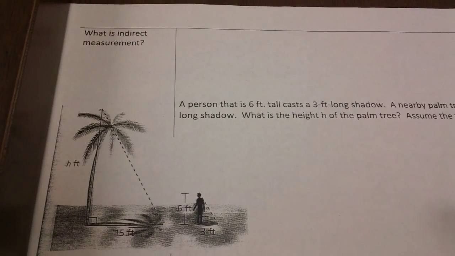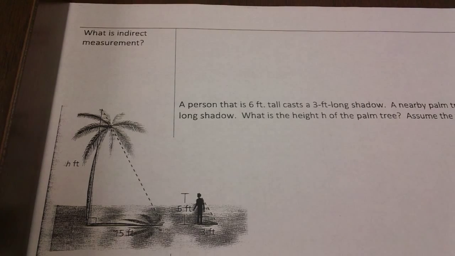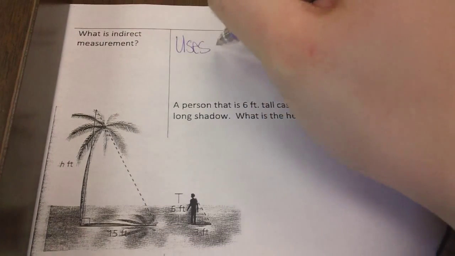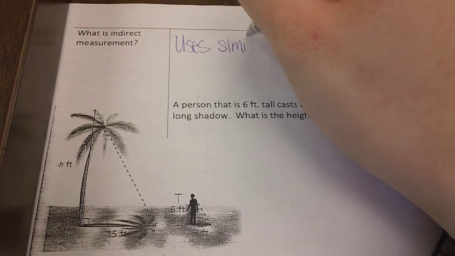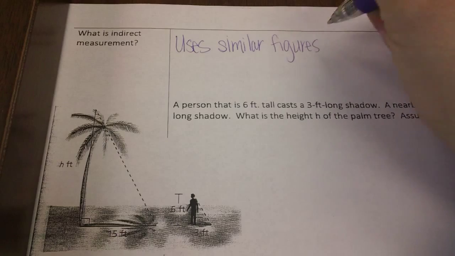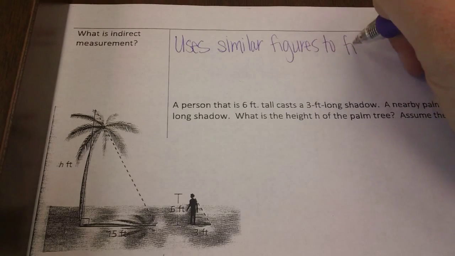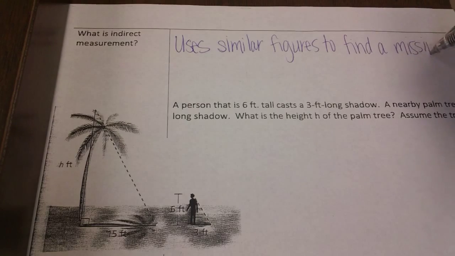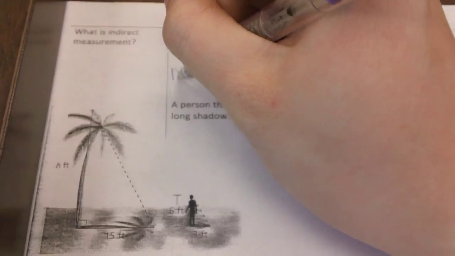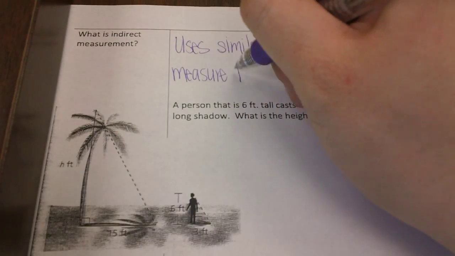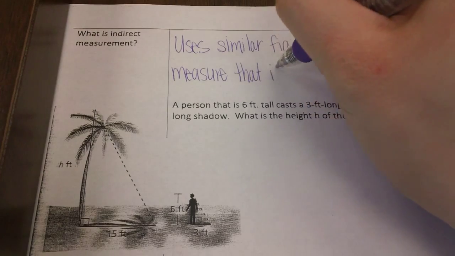Okay, turn your paper over. Indirect measurement uses similar figures to find a missing measure that is difficult to find directly.